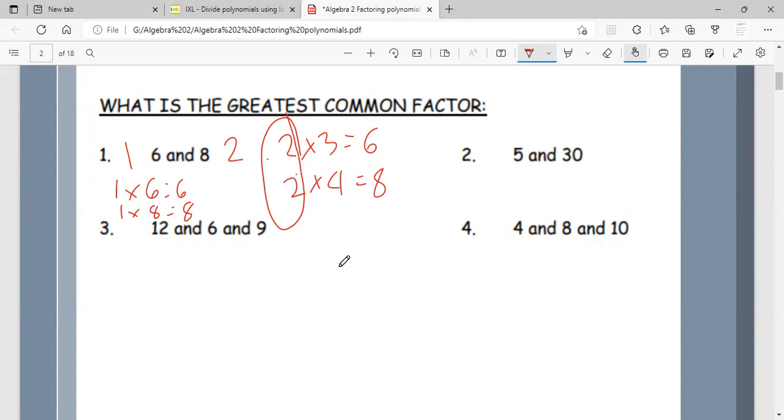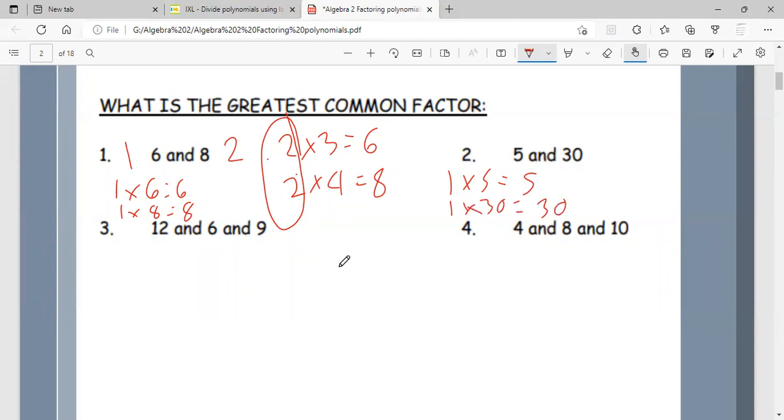All right, let's just do number 2. Numbers 3 and 4, I encourage you to try out on your own and see me outside class to discuss these answers. 5 and 30, what do they both have in common? They both have a 1 because 1 times 5 is 5 and 1 times 30 gives you 30.